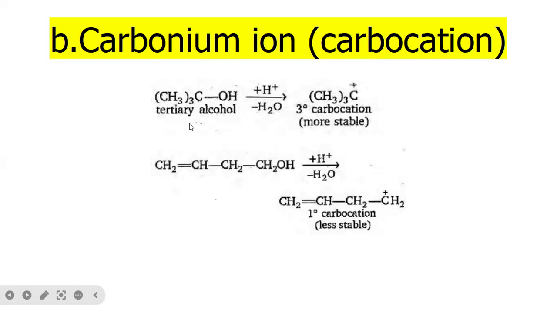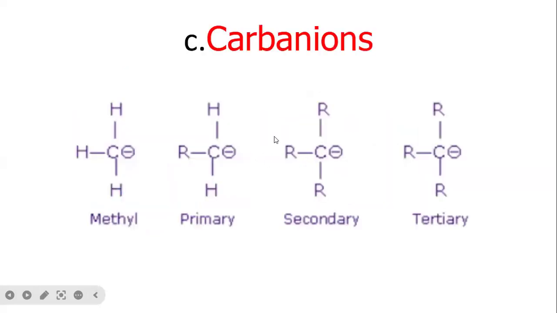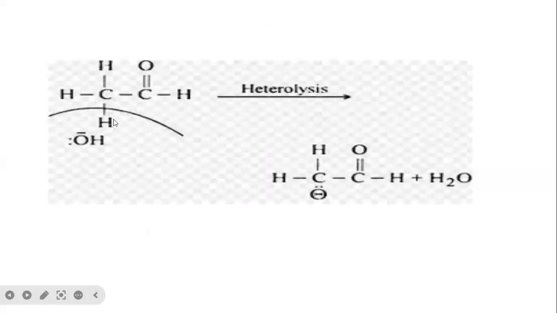Carbonium ions and carbocations: the tertiary carbocation is more stable. Also, chlorine has high electronegativity, that's why it becomes a carbocation. A negative charge on the carbon is called a carbanion. Here the hydrogen and carbon are covalently bonded, and the negative charge is on the hydroxide oxygen.